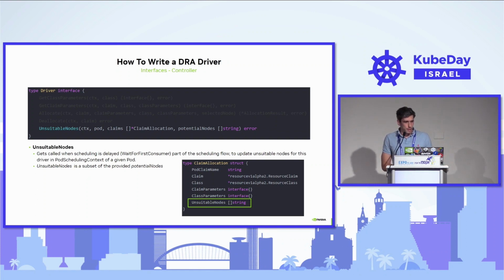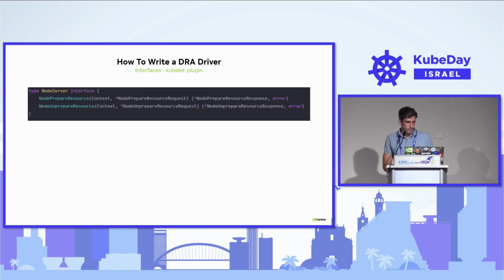Essentially, it accepts potential nodes, and it needs to update in the passed-in claim allocation object the unsuitable nodes for each claim. Again, as I discussed before, you update the struct with what you don't want to be scheduled on.